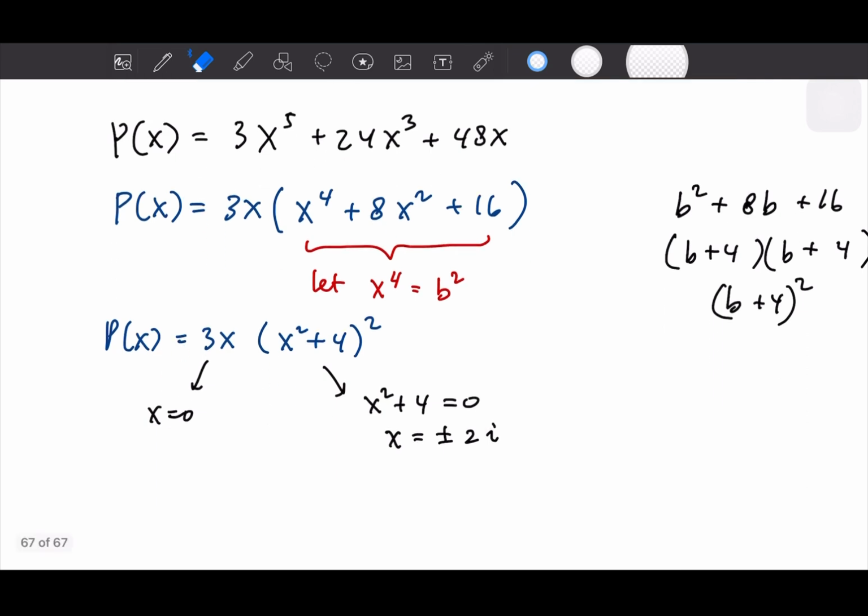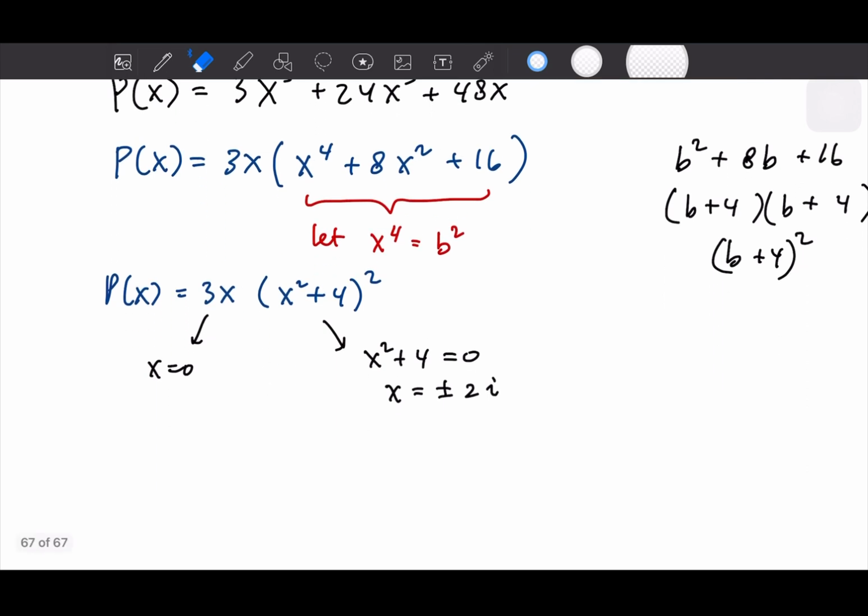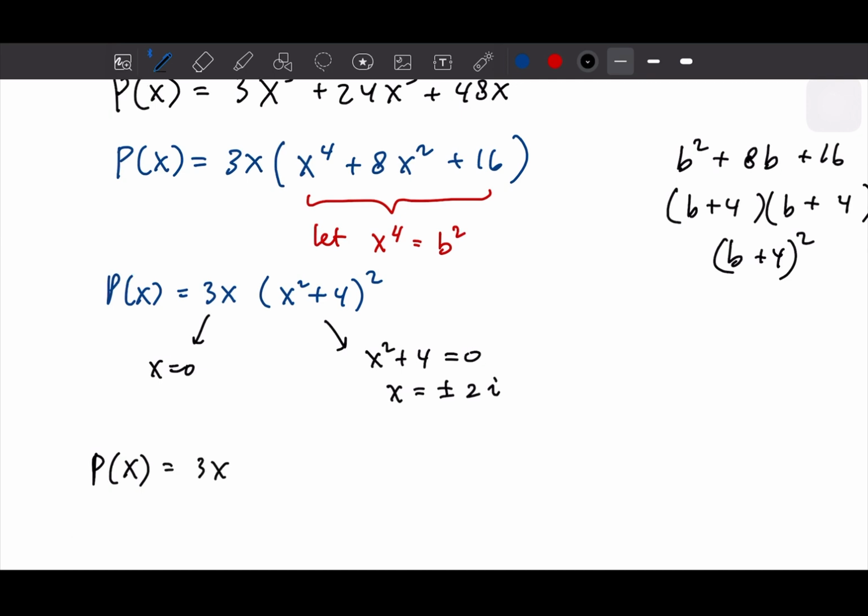Well, nonetheless, we could write down the formulations. So we factor out this imaginary. So we could write this 3x, and then this will be (x minus 2i) and (x plus 2i), and then squared.